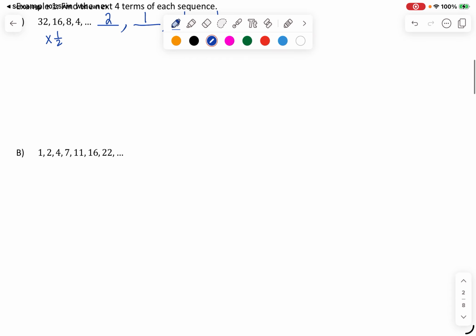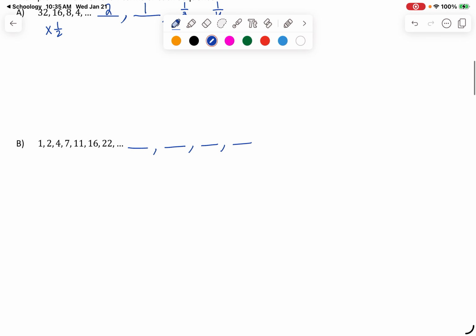All right, let's look at the next one. I need the next 4 terms, so I like to put little spaces for them, just so I don't forget any of them. If I look at my pattern here, I have 1, 2, 4, 7, 11, 16, 22. So here, this is add 1. This is add 2, add 3, add 4.